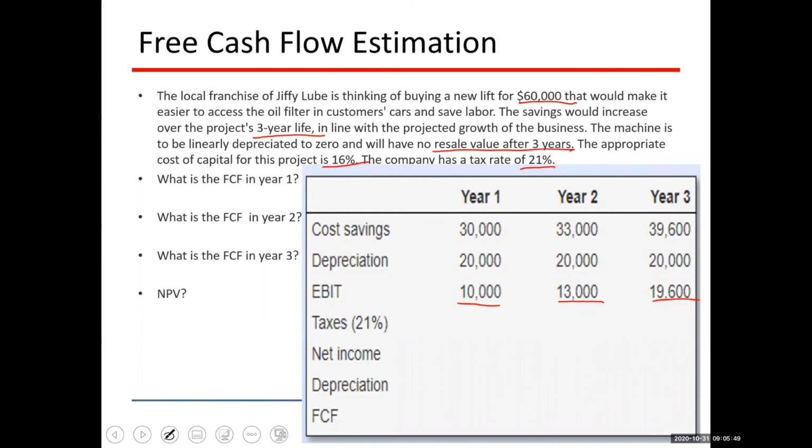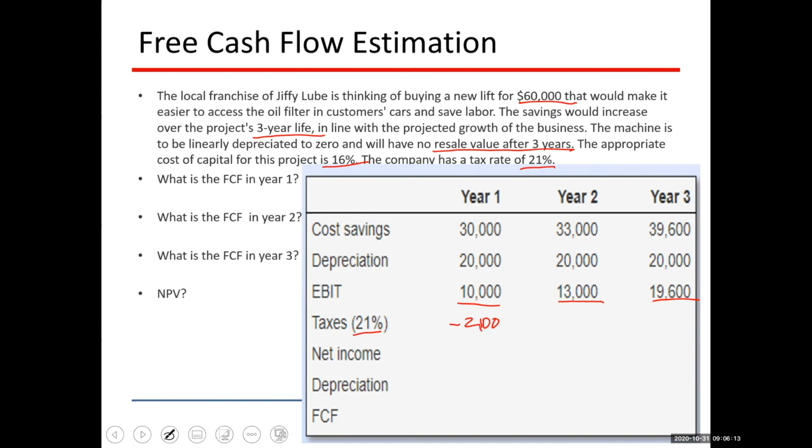Well, they laid it out for us. So we need to calculate taxes on EBIT. For that, we'll simply multiply EBIT by the tax rate. So tax in year one would be negative 2,100.